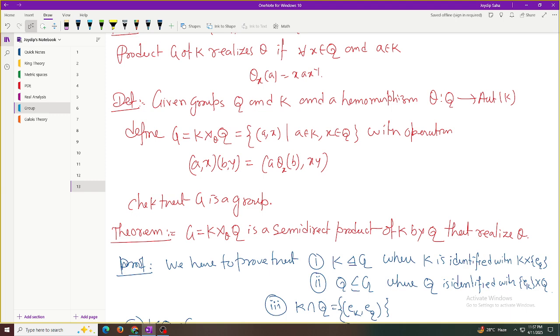You can do it for any group, even order 8, order 4. For an abelian group it is easy because the semi-direct product is exactly the direct product, but if it is not abelian, then it becomes difficult.